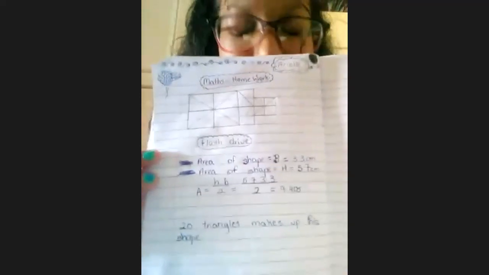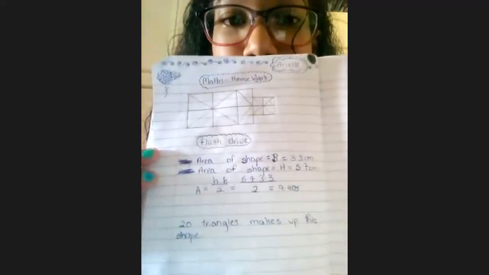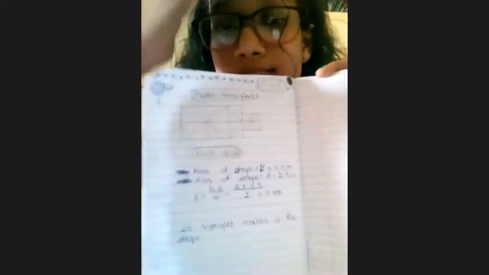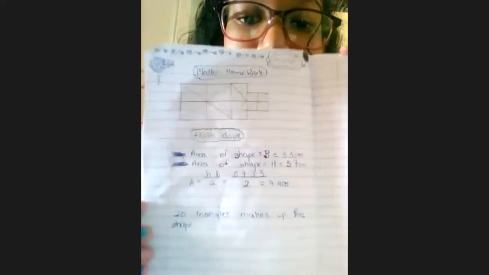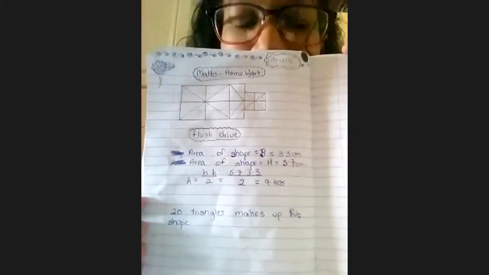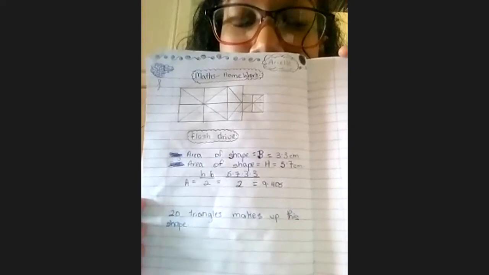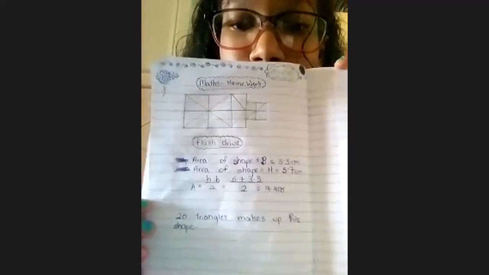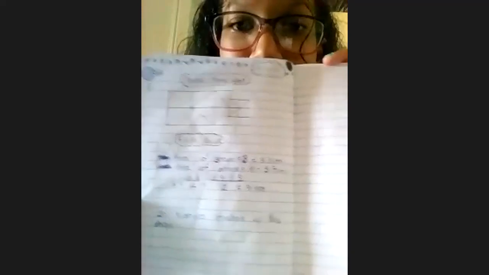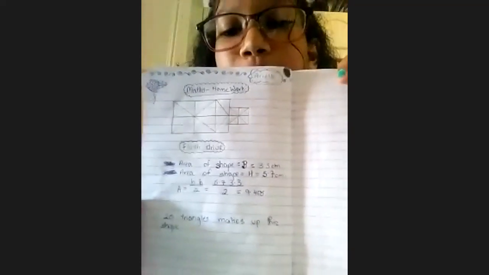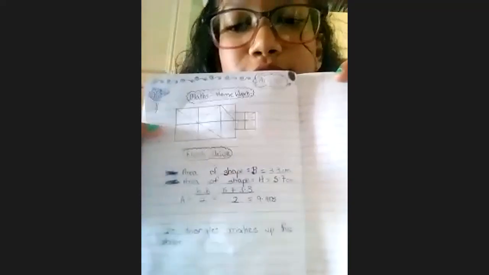So let's say our height and our base is one of these triangles, and we found the area of one of these triangles. As we have it here, there are 7 boxes, and in each box there are 2 triangles. So how many of these triangles will be in this model? Sir, when I counted my triangles, I end up with 20 of them, sir. There are 20 triangles. Okay.